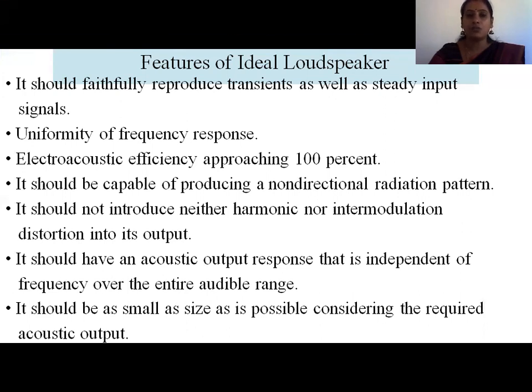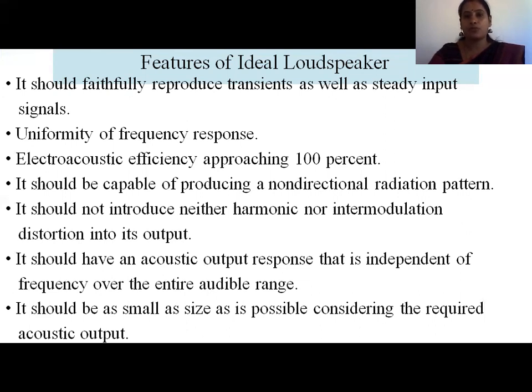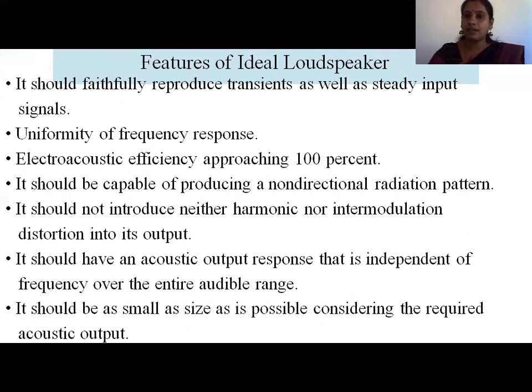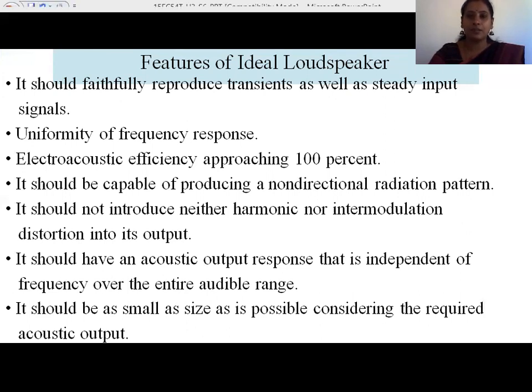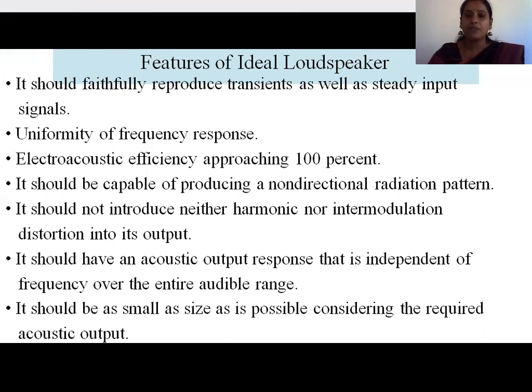And at last, it should be as small in size as possible considering the required acoustic output. As the size of a loudspeaker becomes very large, its carrying capability and holding capability reduce. So the size must be as small as possible, but the required acoustic output must be very finely tuned. So that is the feature of loudspeaker.